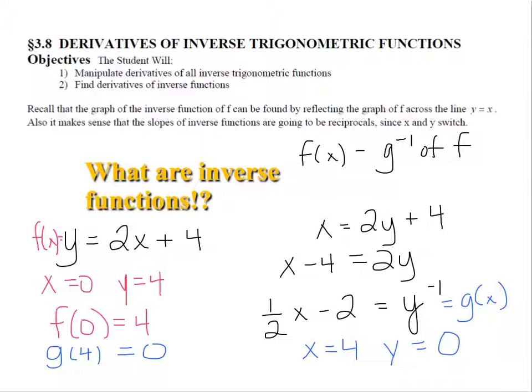That's the critical information. How does that relate to us? Well, let's just take that example that I had there. f of 0 was 4, which makes g of 4 0. What we're going to be doing is finding the derivative of the inverse.